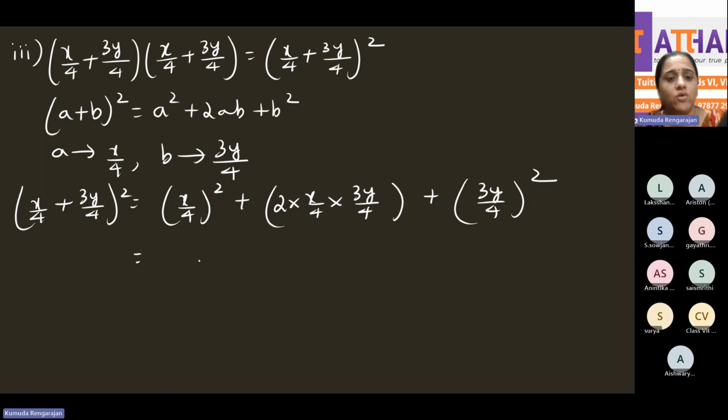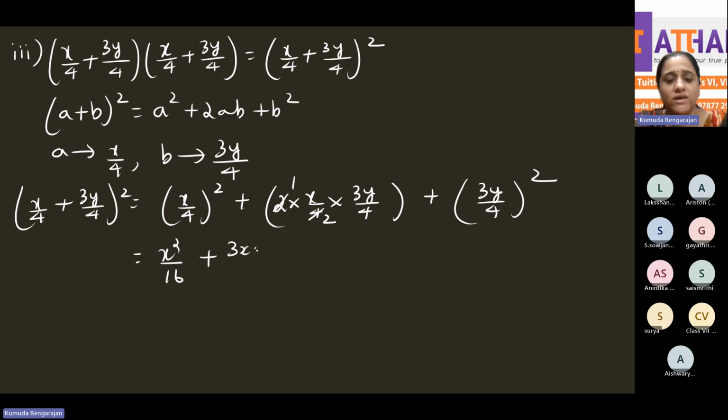Now, x by 4 into x by 4, x square by 16. Plus, you can simplify: 2 ones are 2 twos are, you can cancel. So when you multiply the numerators, you get 1 into x into 3y, so 3xy, divided by 2 into 4, 8.